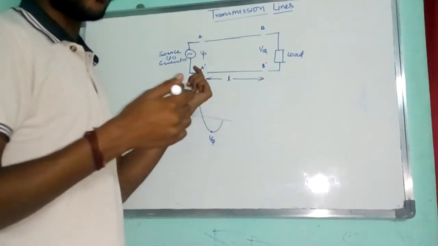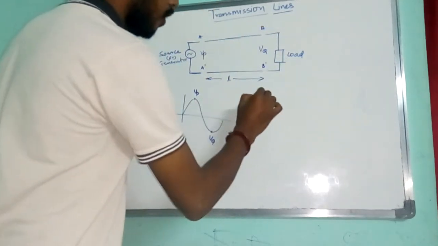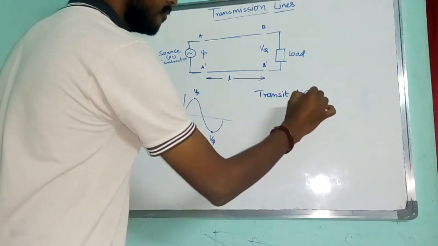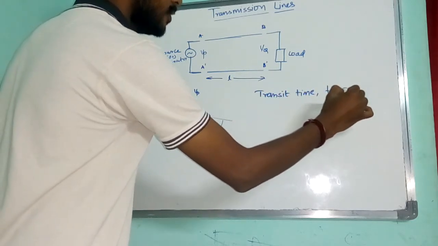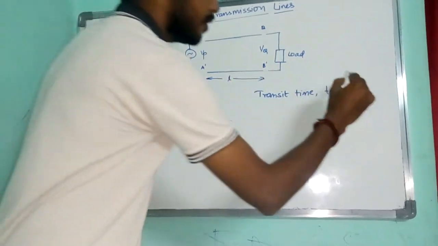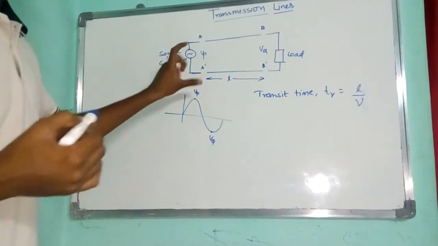The time which this wave takes to travel in the transmission line is called the transit time, which is given by the entire length divided by the velocity of the wave.